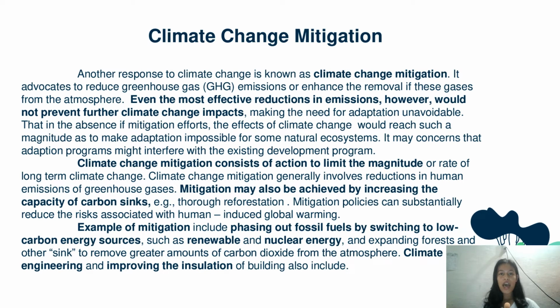Mitigation may also be achieved by increasing the capacity of carbon sinks, for example through reforestation. Mitigation policy may substantially reduce the risk associated with human-induced global warming. So, mitigation reduces the risk of mga human activities na cause sa global warming.